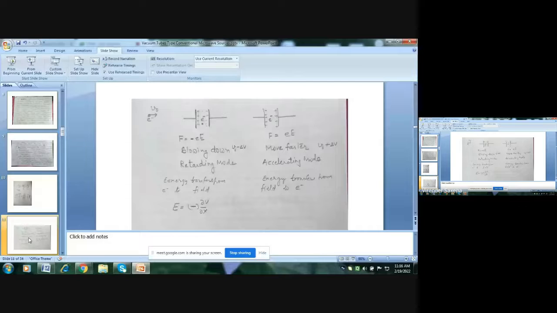Now this is the fundamental interaction part in the tank circuit of this cavity. Suppose this cavity has a field along the direction of motion of the electron, meaning the right plate is positive and the left plate is negative.